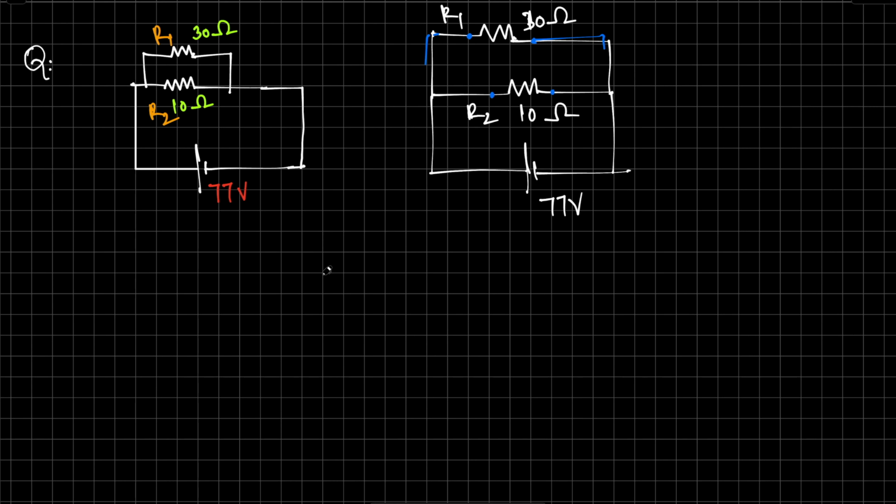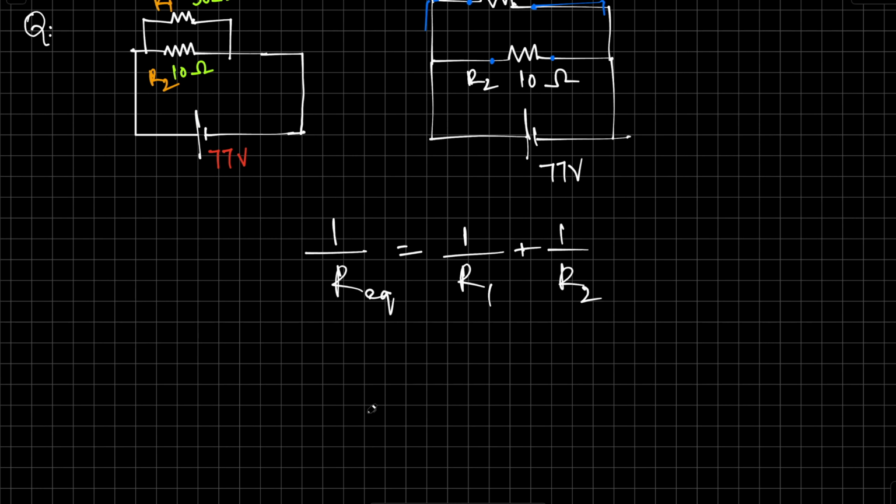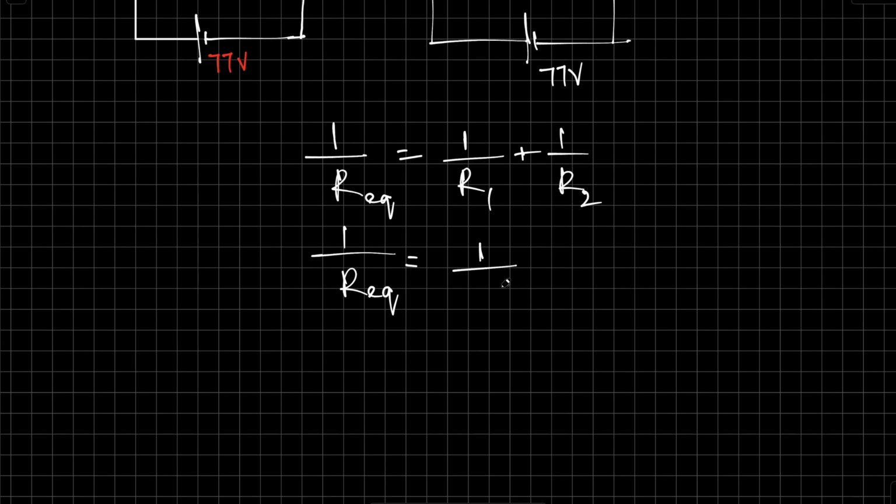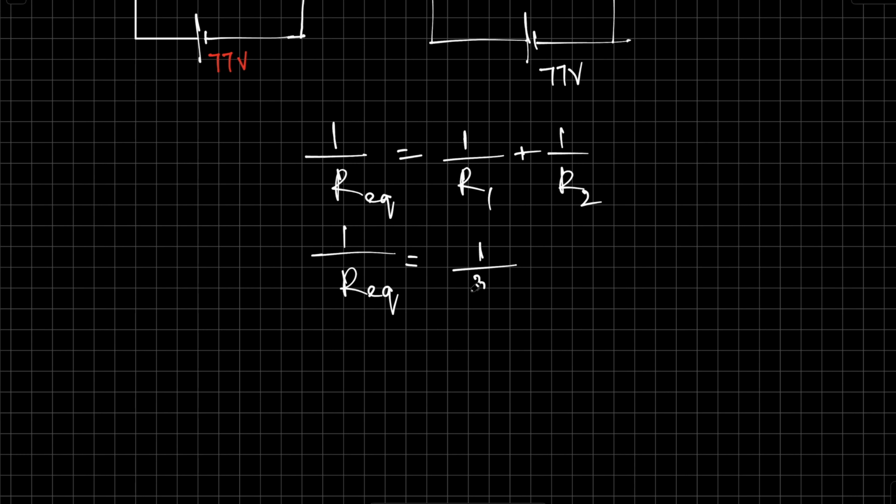And the equation to find the equivalent resistance of a parallel circuit is 1 by Req equals 1 by R1 plus 1 by R2. We have only two resistors, right? Okay, let's solve it. 1 over Req equals 1 over 30 plus 1 over 10.